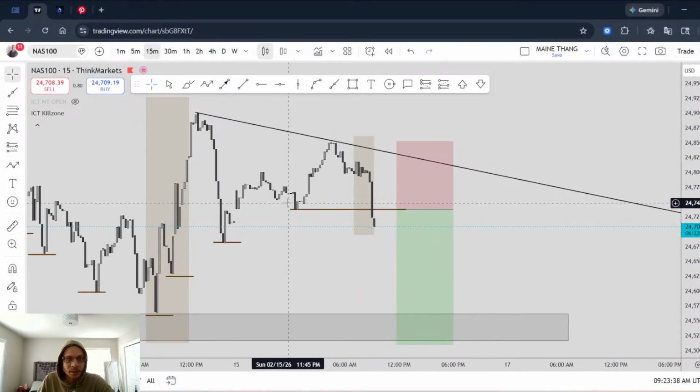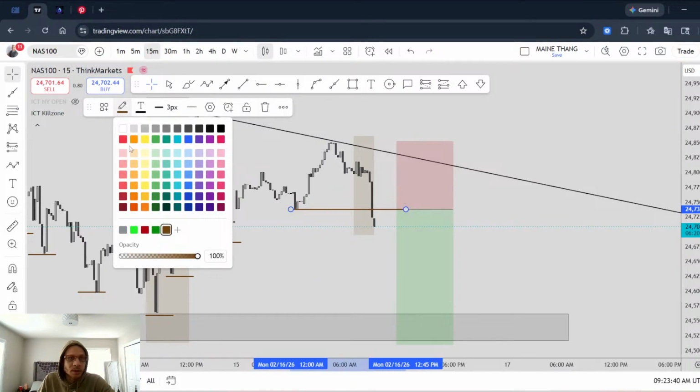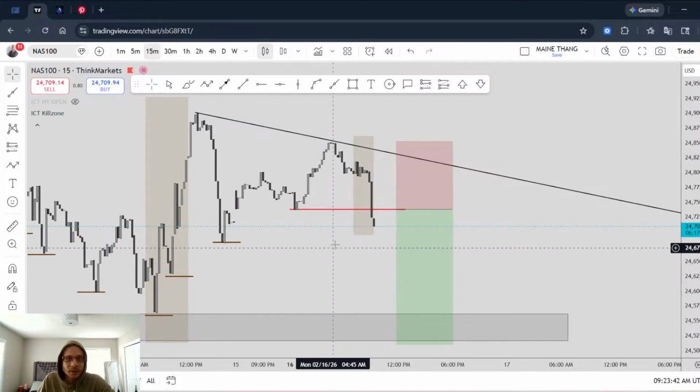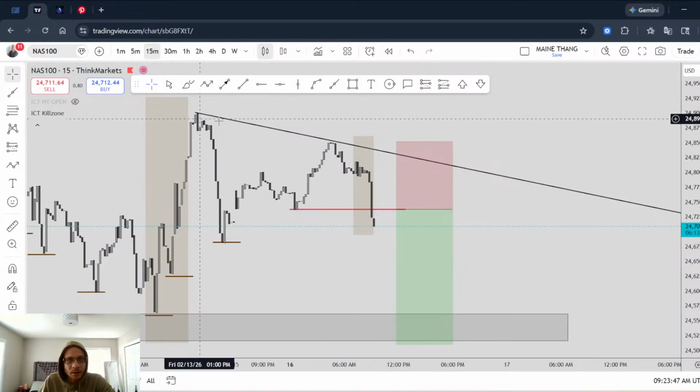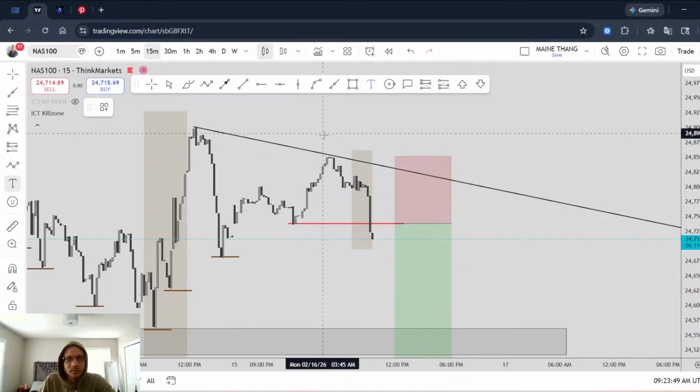All right, price has broken structure. So what I'm going to do is make this red. We made a lower high.